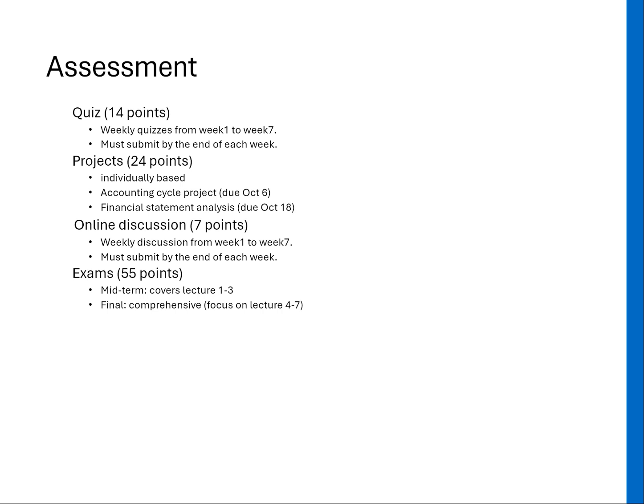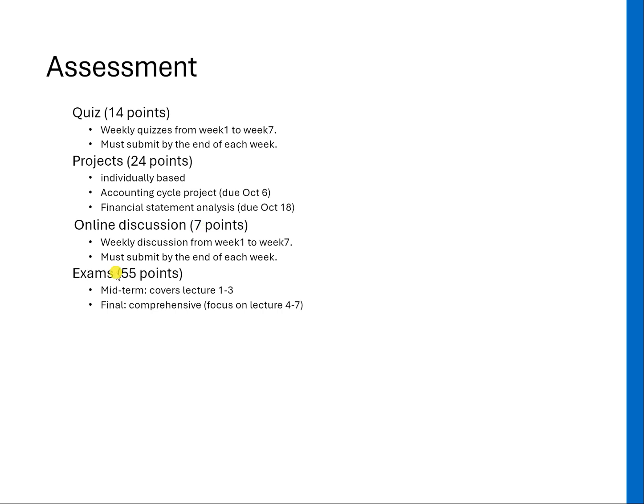Now, how this course is assessed. As you can see, we have weekly quizzes. We have 7 weeks of lectures, so that's 14 points in total. We have 2 projects, and that's 24 points in total. For online discussions, we have another 7 points.